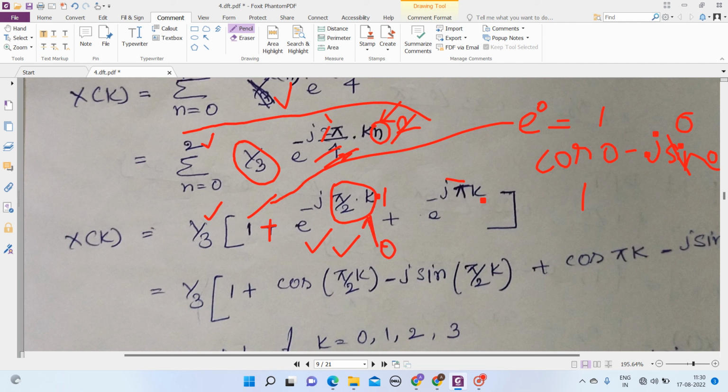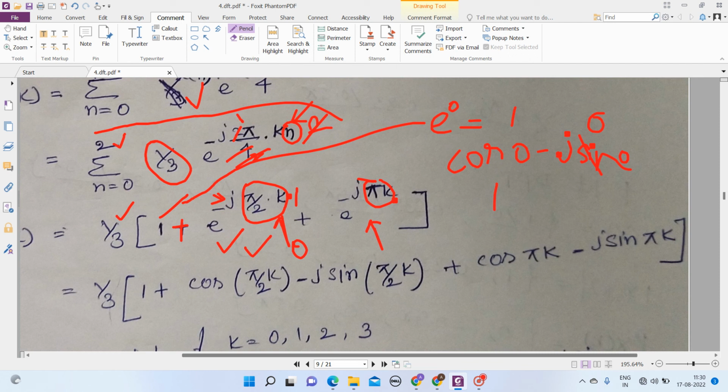Similarly, you have to expand this equation. So e to the power of minus j pi k is cos theta minus j sin theta, where the theta value is pi k. Don't consider this one. Be careful while writing.